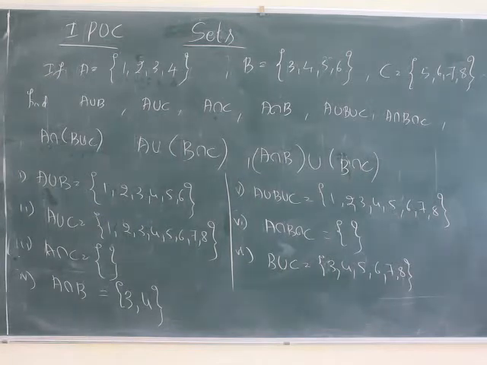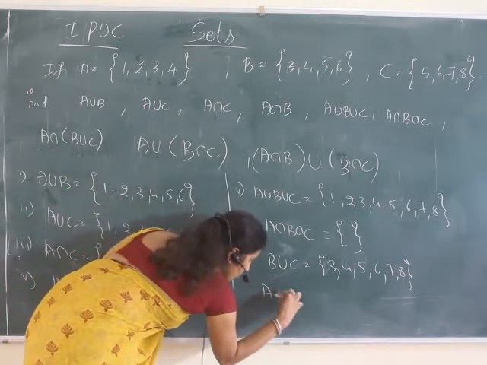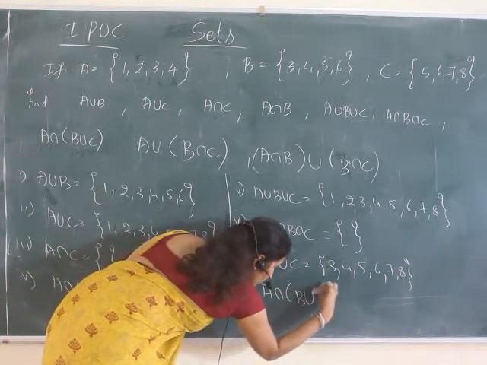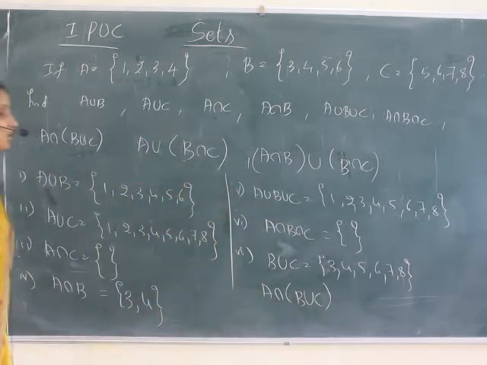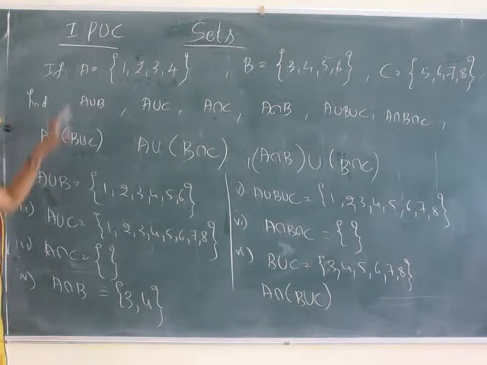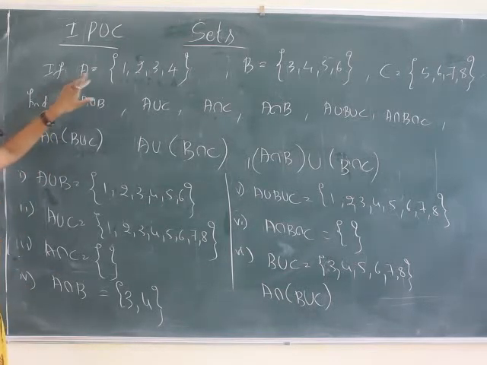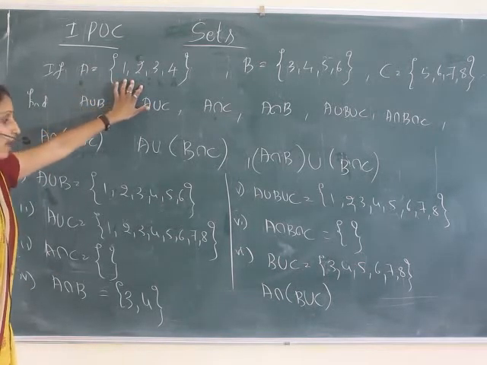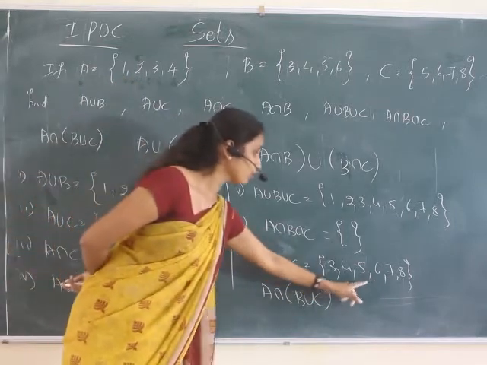Then A intersection (B union C) means now you have to see the common elements between A and B union C. A is 1, 2, 3, 4 and B union C is 3, 4, 5, 6, 7, 8.